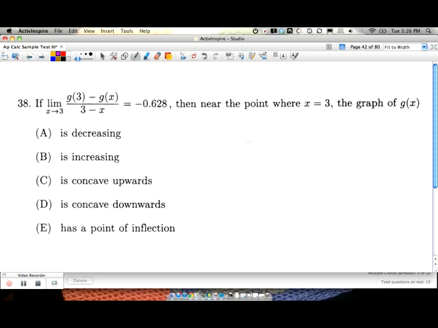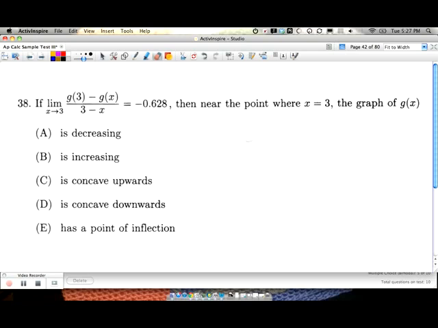Next. If the limit as x approaches 3 of this equals this, then near the point where x equals 3, the graph of g of x is one of these. Well, what is this actually saying? We know we have a couple of versions of something that goes on here. Let's completely start it over.